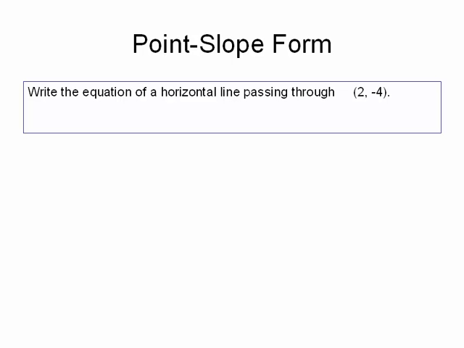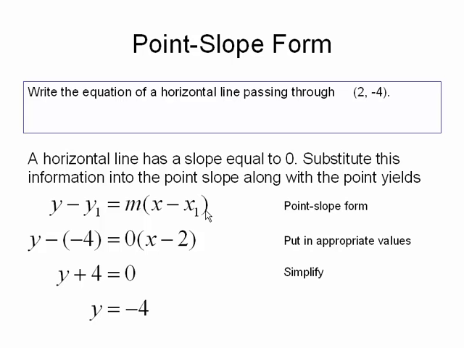Let's write the equation of a horizontal line passing through the point (2, -4). So a horizontal line has a slope equal to 0. So if we substitute this information into the point-slope form along with the point, we get y minus negative 4 equals 0 times the quantity x minus 2.